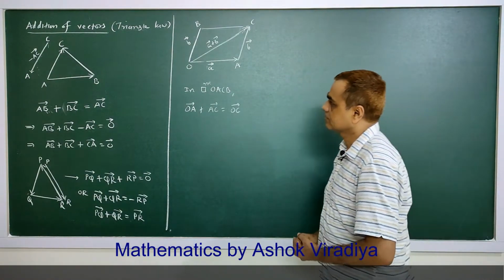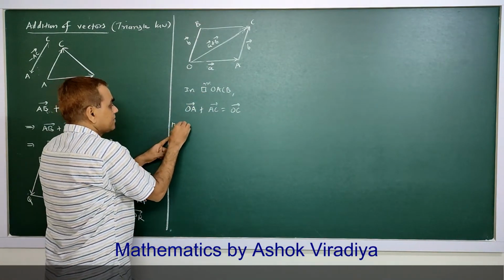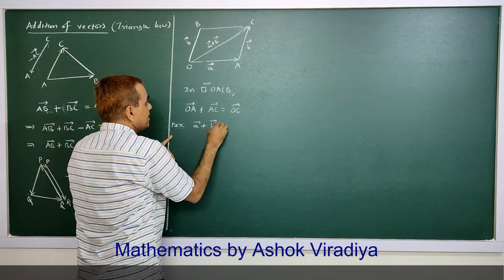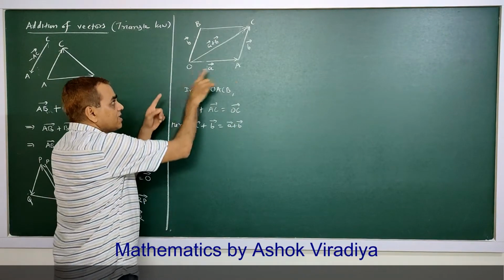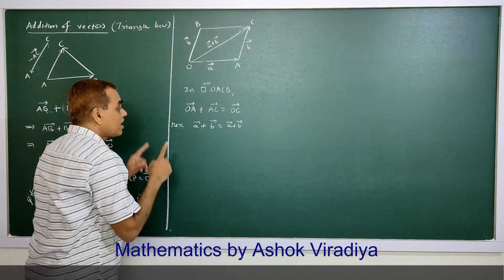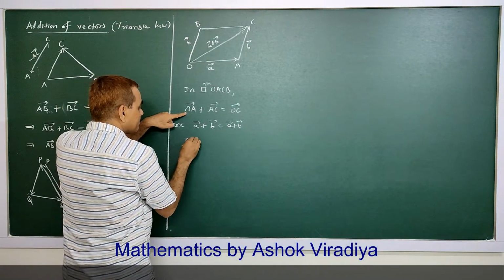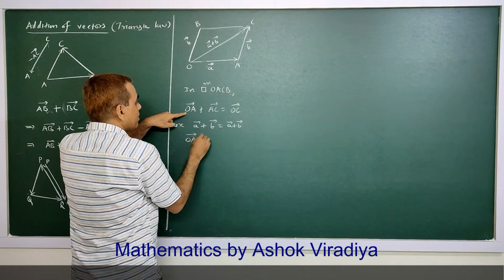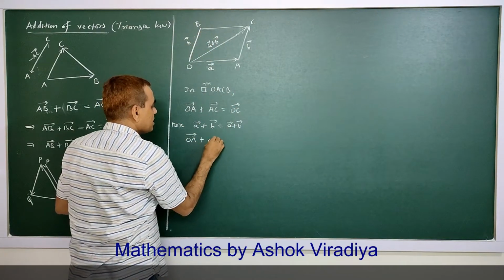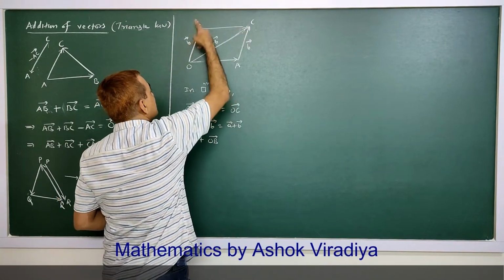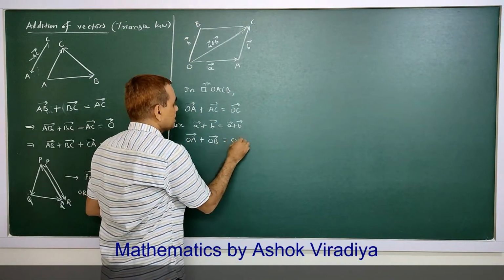So look here, addition of vectors: vector A plus vector B is vector A plus B. Now in this statement, this is OA plus vector AC. Instead of AC I am putting OB, because vector AC is equal to vector OB. So AC is OB, it is equal to OC.